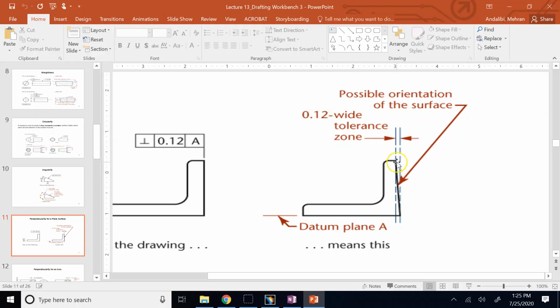Clearly, if you made the wall completely straight up, vertical to A, then all of the points will lie between these two planes and no gap was needed, so the tolerance zone would be 0.